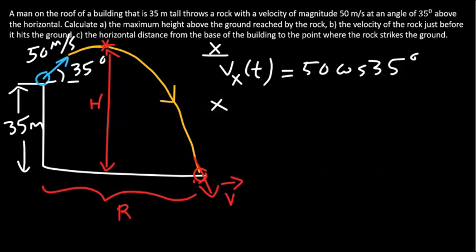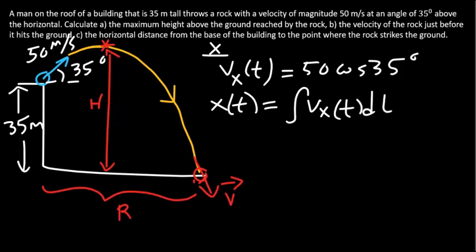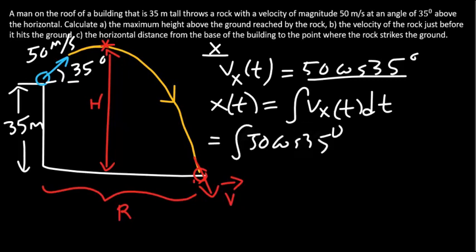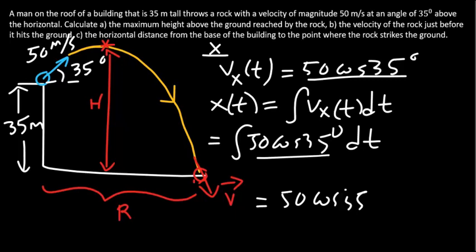Now, the x coordinate of this object at any time t is given by an integral of that Vx with respect to time. That Vx is a constant, which means the integral would read something like this. This is a constant which can be taken out of the integral sign.